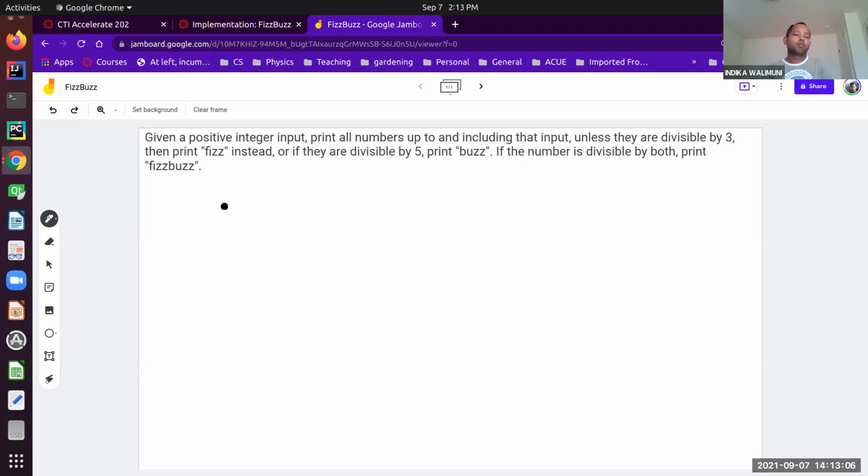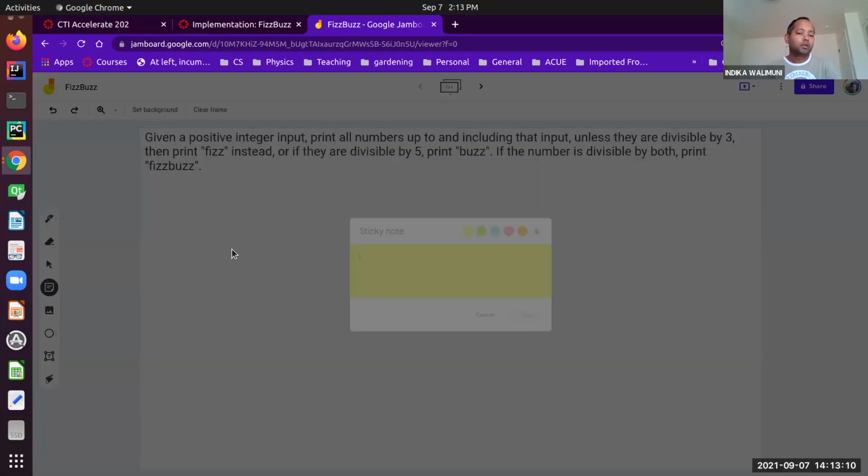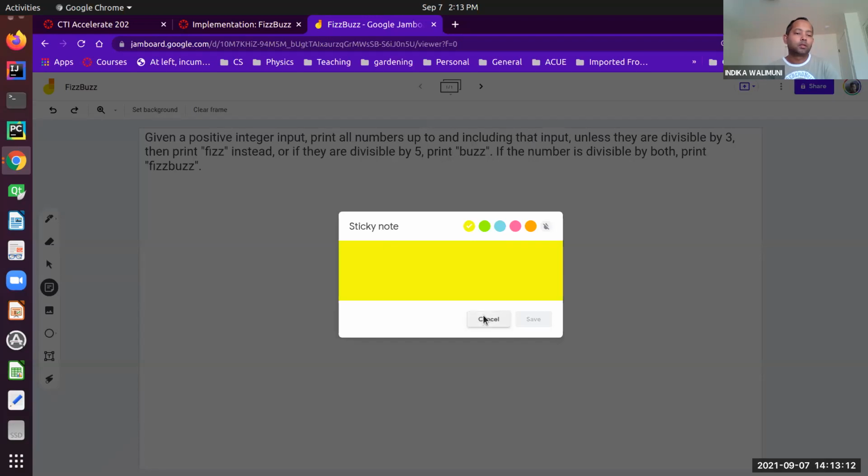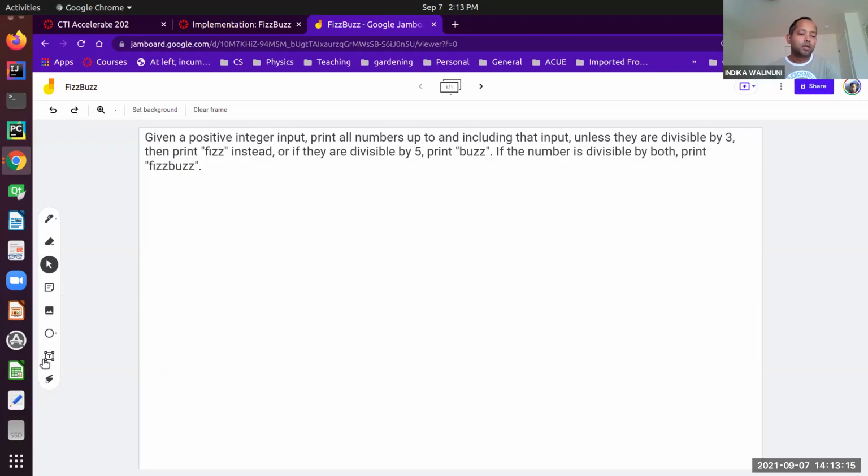Okay. So basically the input, I'm going to type it here, input equals a number, right?